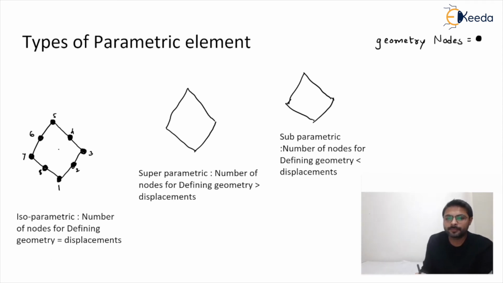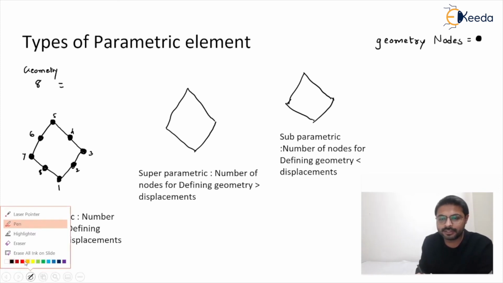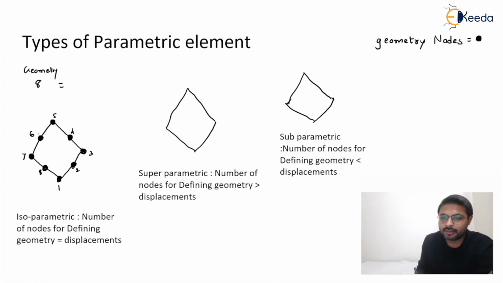In the isoparametric element, the number of nodes defining the geometry is 8. Now we represent the displacement nodes by a red cross.